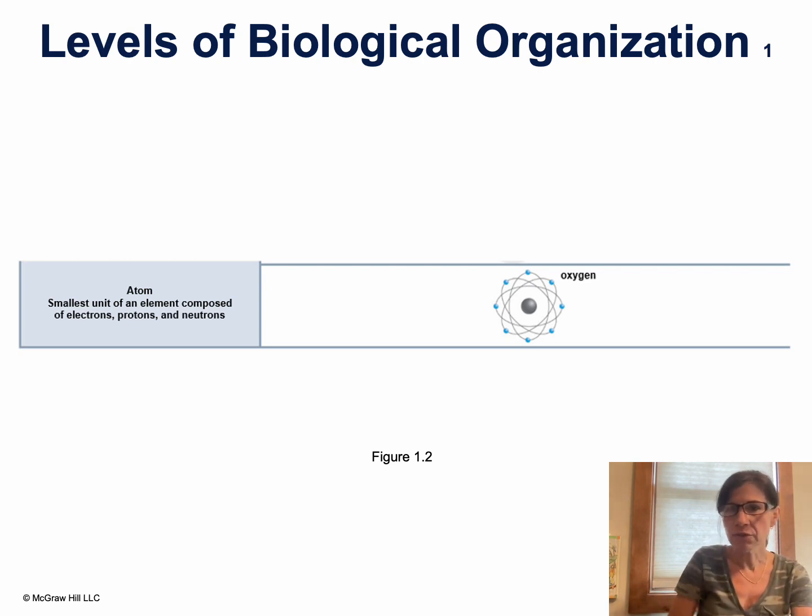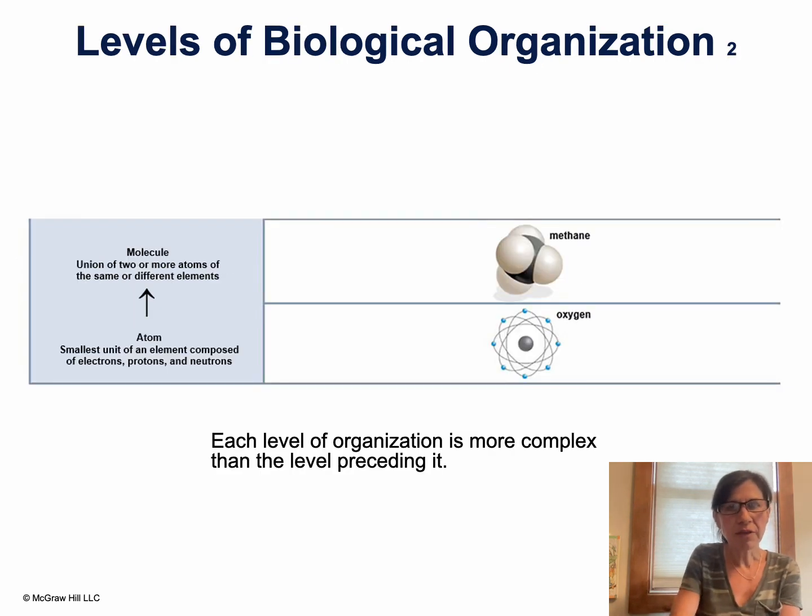Later on in this unit, we're going to talk about the different elements that make up living things, which are mostly carbon, hydrogen, oxygen. These atoms come together to form molecules. When we join these atoms in covalent bonds that we'll talk about, we form molecules.